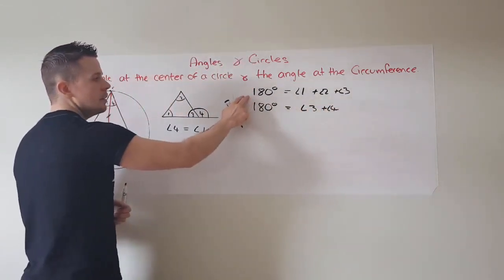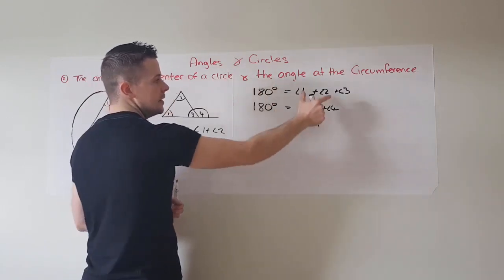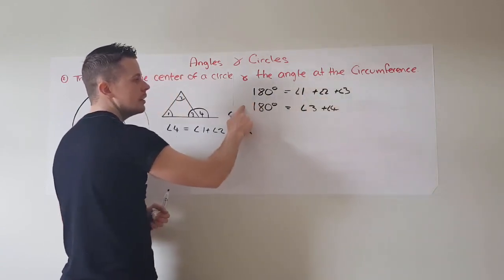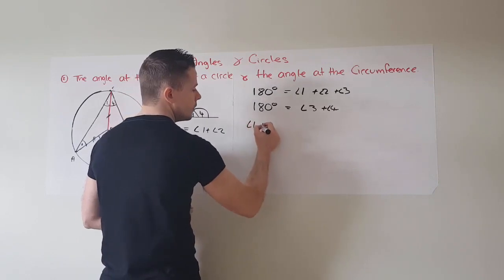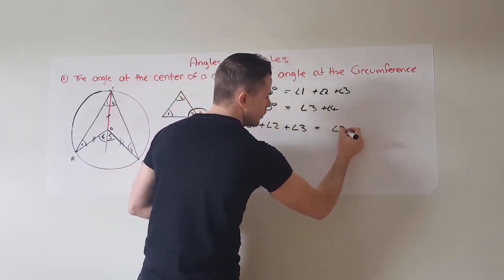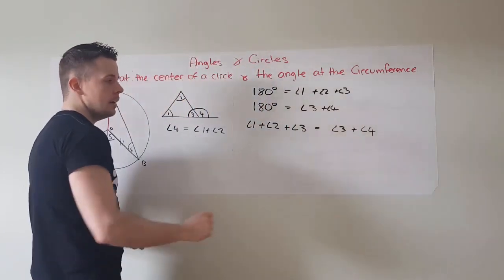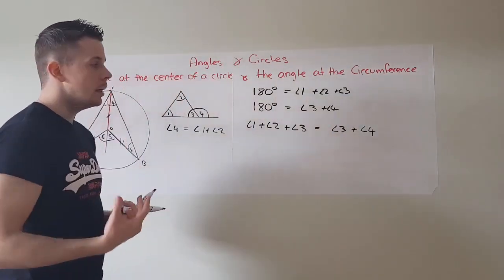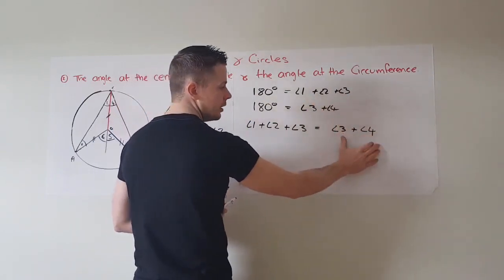If this is equal to 180 and this is also equal to 180, then it stands to reason that this has to equal this. So we'll let them equal each other: angle 1 plus angle 2 plus angle 3 is equal to angle 3 plus angle 4. We can see the angle 3 and the angle 3. If we subtract angle 3 from this side, we also have to subtract angle 3 from this side.